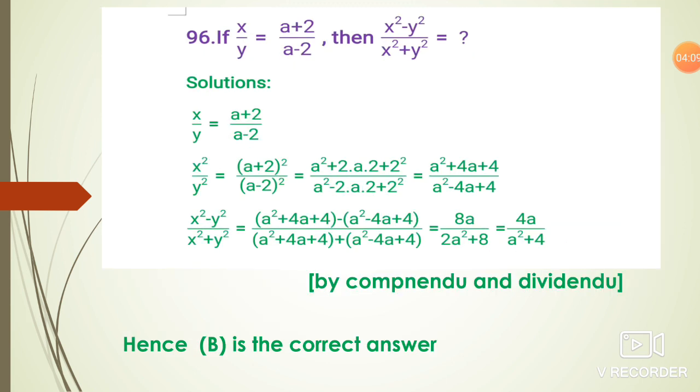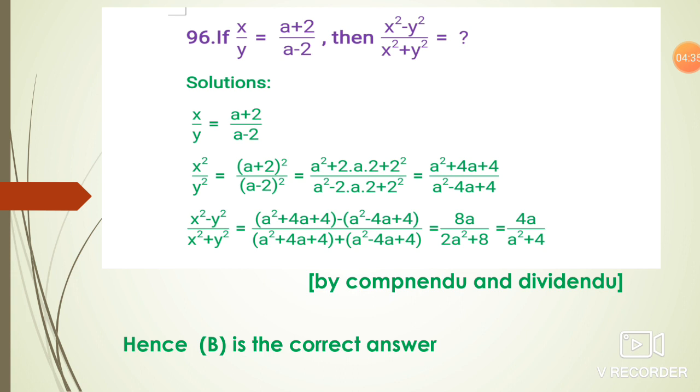Question number 96. If x by y equal to a plus 2 by a minus 2, then find x square minus y square by x square plus y square. So at first you have to write the given condition. After that you have to square. After squaring, we get x square by y square equal to a square plus 4a plus 4 by a square minus 4a plus 4.